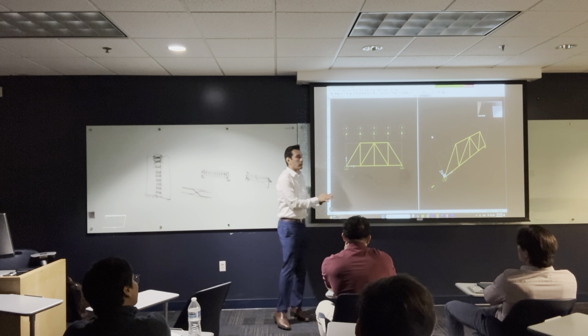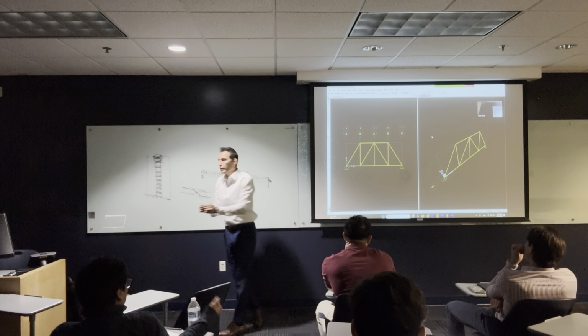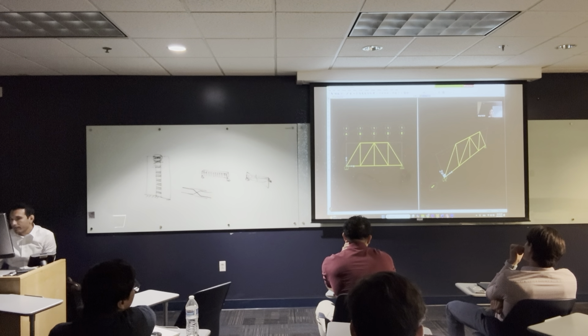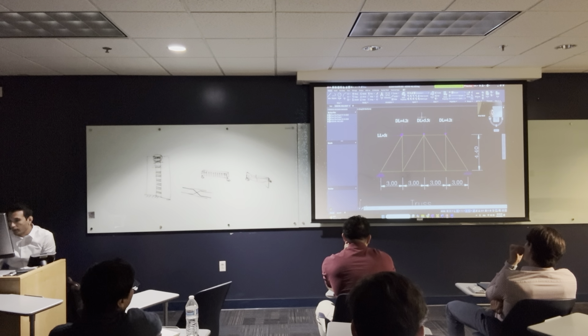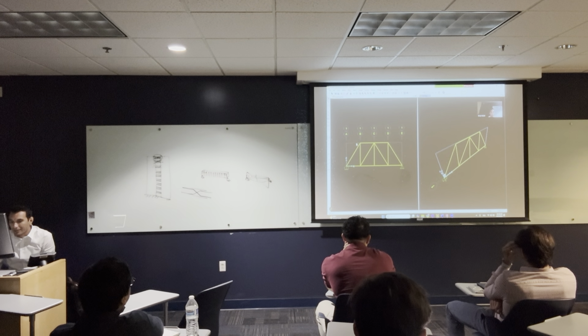So let's assign the loads. First, I said that we have dead loads and live loads. So let's do the dead loads first. I'm gonna look at what dead loads I have at 4.2 and 5.5, 4.2. So I'm gonna come here and select the points that have the same load value, this one and this one.